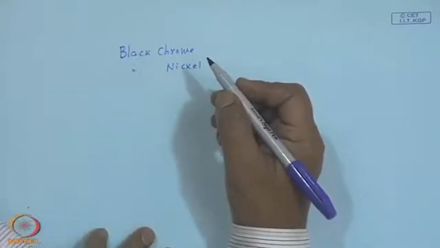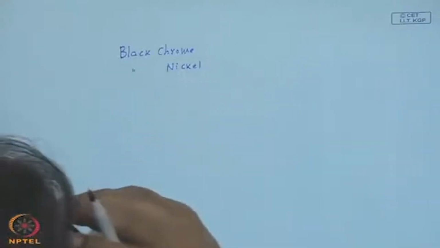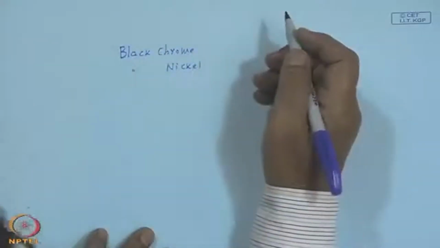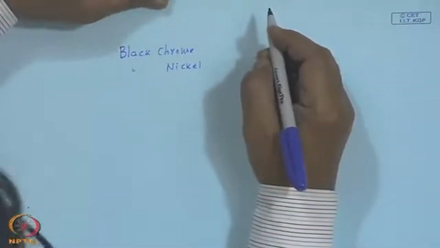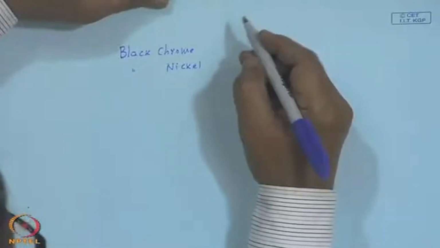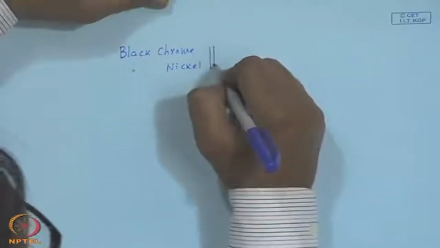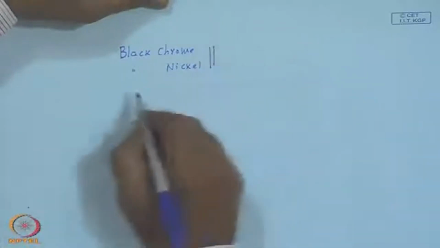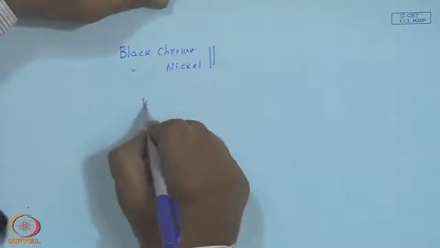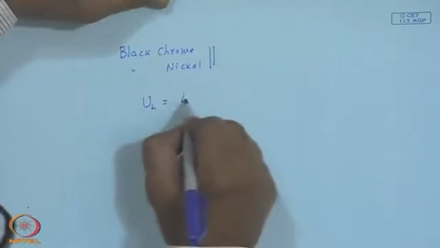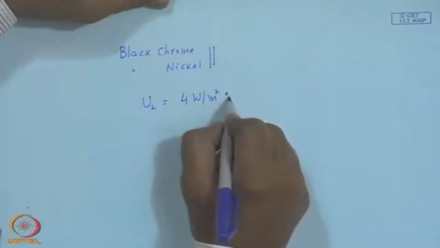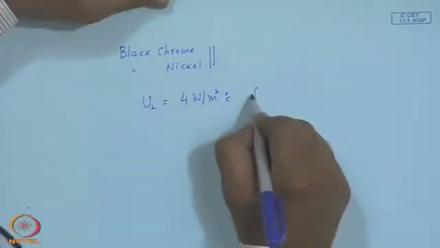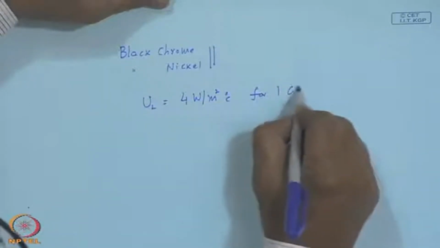There are a number of processes to make a black chrome or black nickel coating on copper or steel surfaces, and these are commercially available, and they typically lead to a UL of 4 watts per meter square degree C for one glass cover.